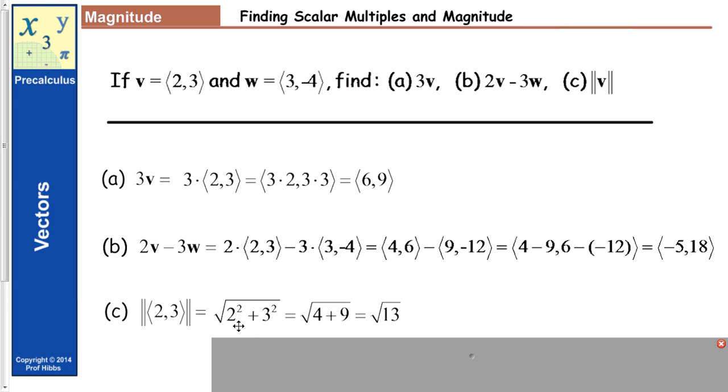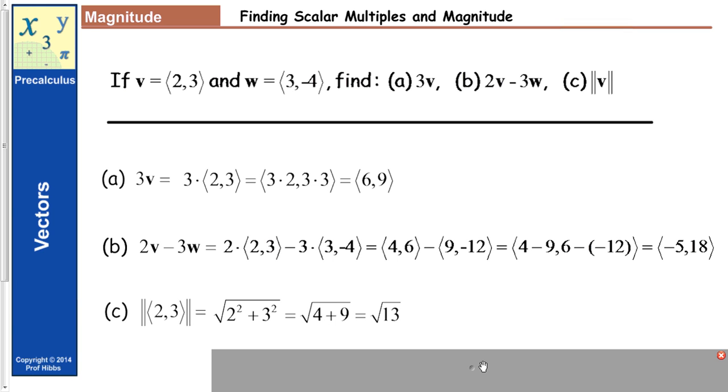So that's the square root of 2 squared plus 3 squared, which is the square root of 4 plus 9, which is the square root of 13. So algebraically, it's very simple. The length, the magnitude of this vector, is the square root of 13 units, which is between 3 and 4 units.